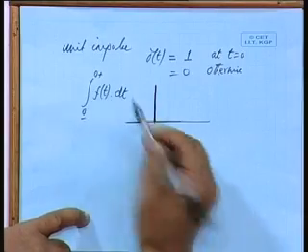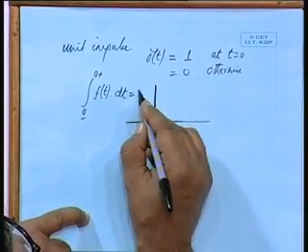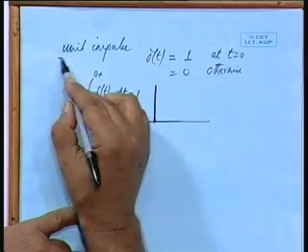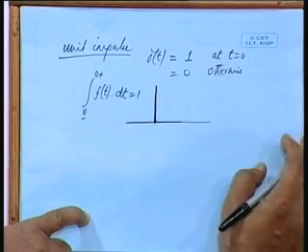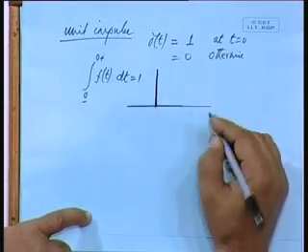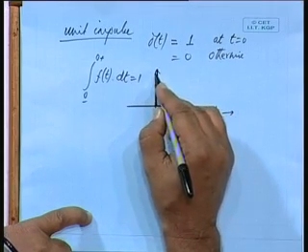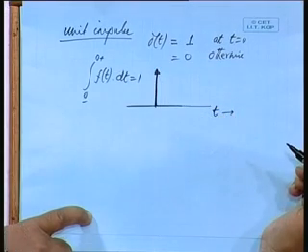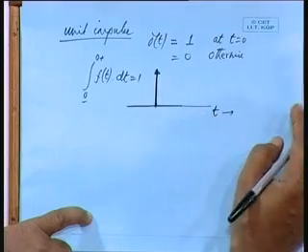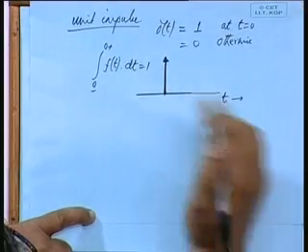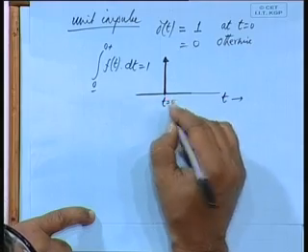So the integral is finite, and when this is 1, it is a unit impulse. This is time t and this is the function. We normally show it by an arrow and a vertical line. The impulse appears at this moment, t equal to 0.